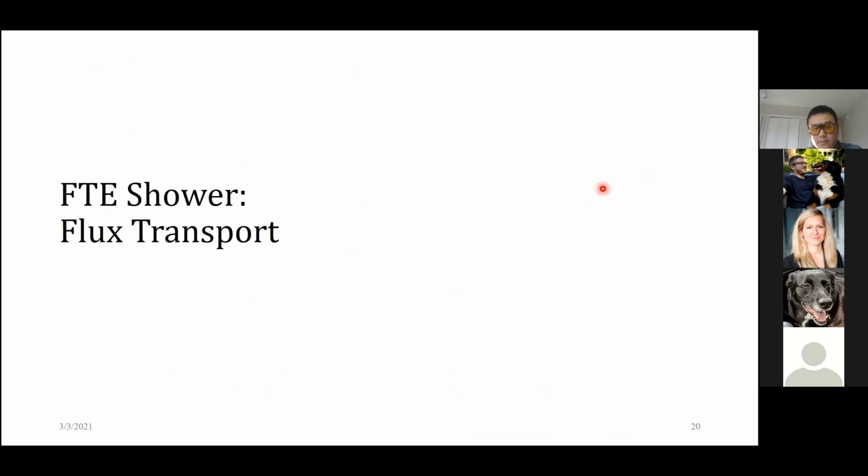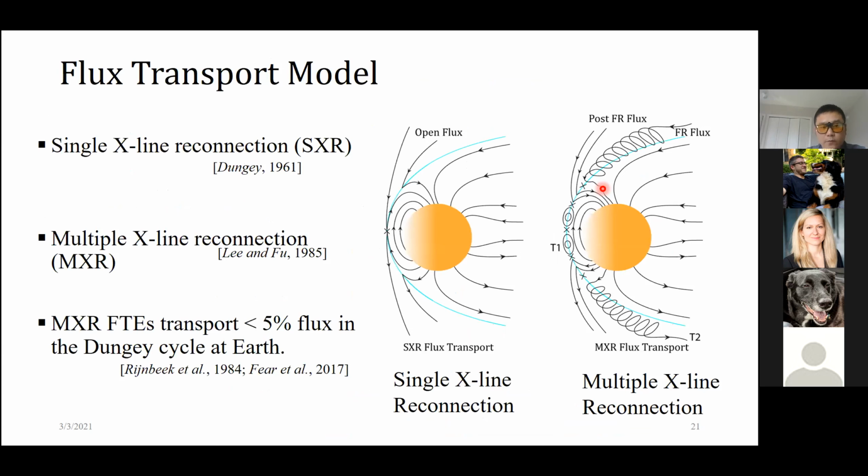Okay, so that's the first one. And the second topic that I wanted to discuss is the flux transport associated with the flux transfer events. From the Earth studies, we have two models of flux transport.